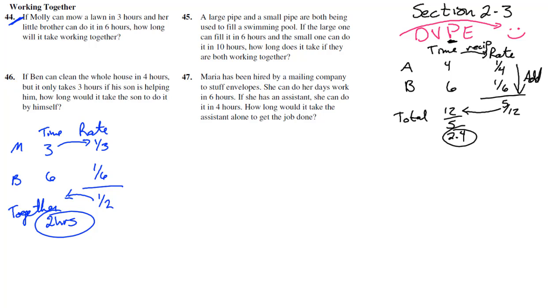Number 45. A large pipe and a small pipe are both being used to fill a swimming pool. So there's large, small, and we're going to find out what they do together. Good. So let's put their time here and their rate here, and let's follow through. The large pipe can fill it in 6 hours, so that means it does 1/6 of the pool every hour.